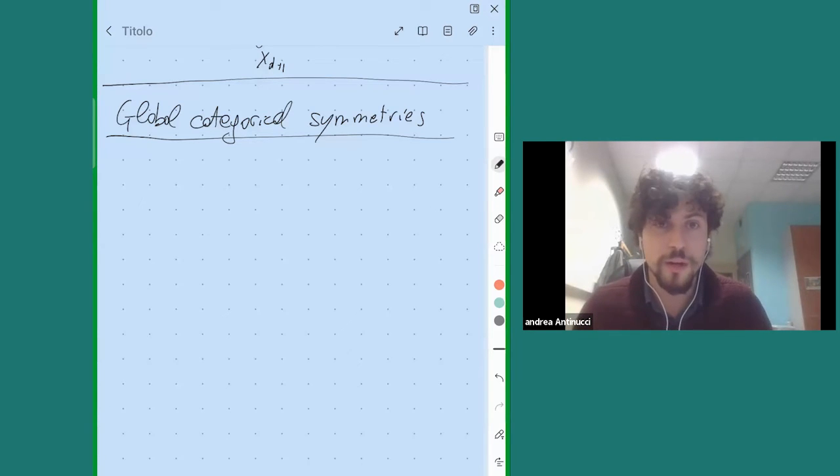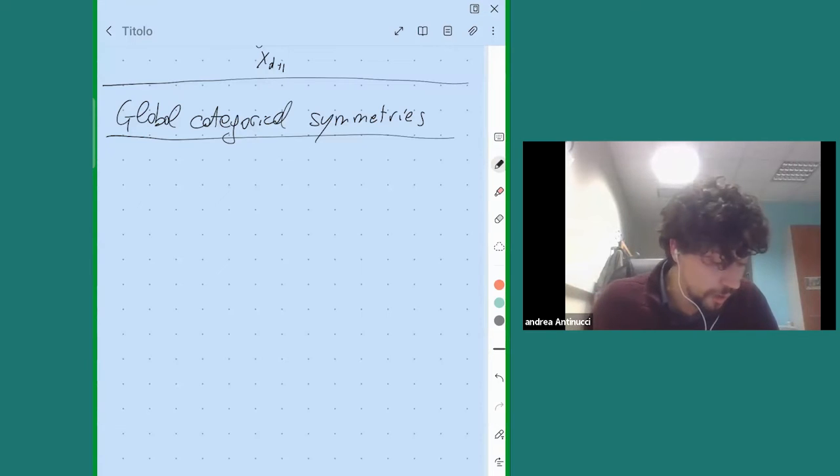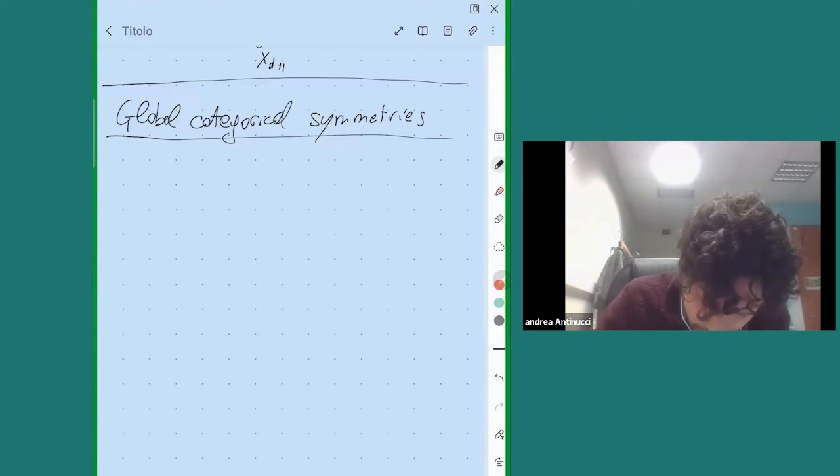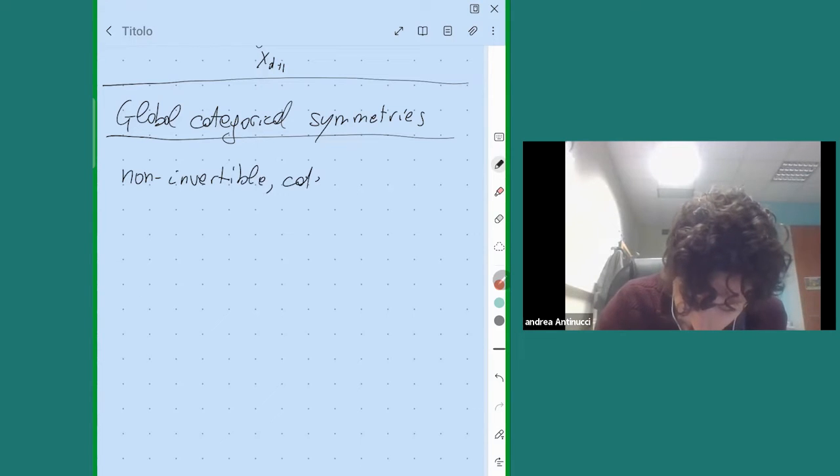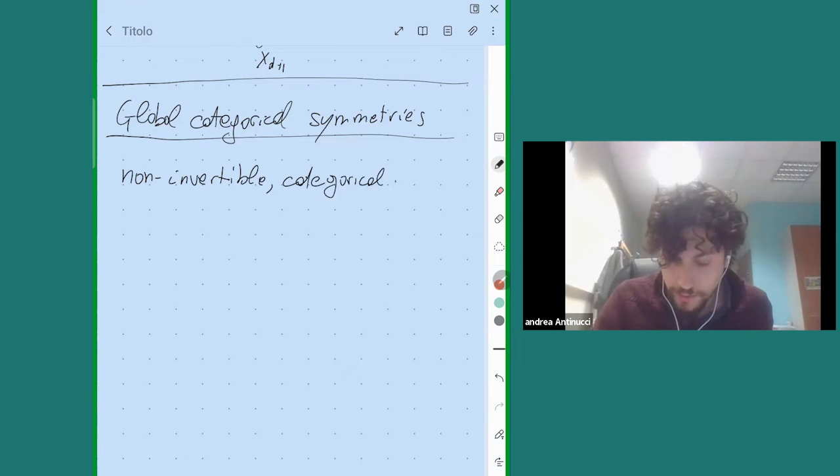There are conservation laws which are not associated to any symmetry, and this kind of operator turned out to exist. People call them non-invertible symmetries, or categorical symmetries. They are just different names, and in other fields there are other names.